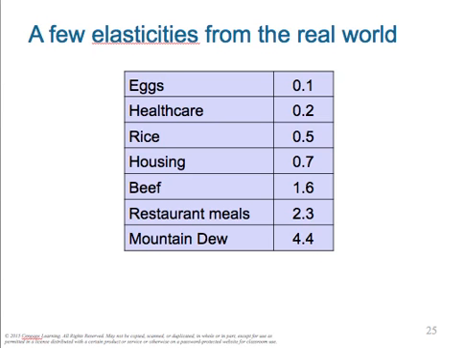So here are a few elasticities in the real world. You see some lower services and goods moving up to some higher ones. Few substitutes for eggs, healthcare, and rice. And then you start to look at things like restaurant meals and Mountain Dew. There's great substitutes for different restaurant meals and Mountain Dew. You can cook at home.